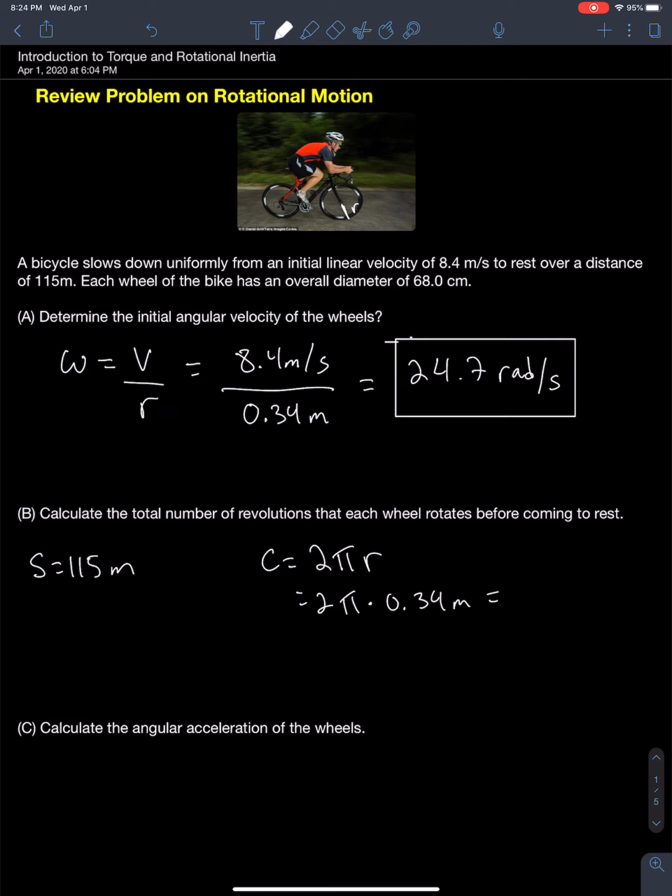If I take 115 meters divided by 2 pi times 0.34 meters, the circumference of one revolution, that will tell me the total number of revolutions, which is 53.8 revolutions. That's pretty simple.